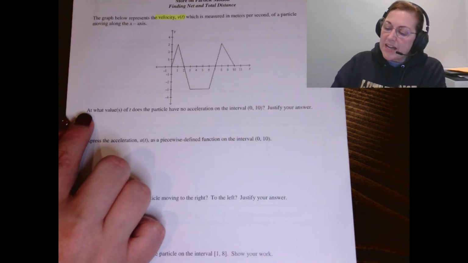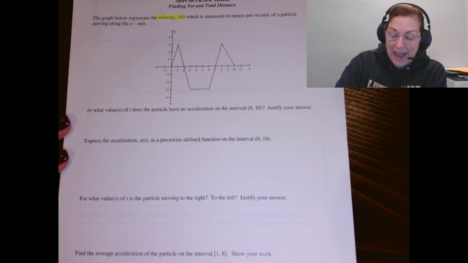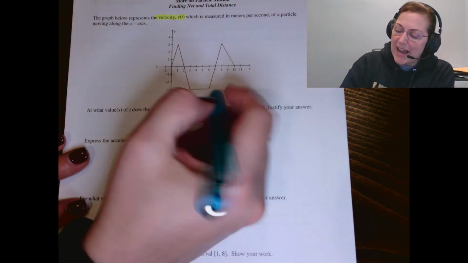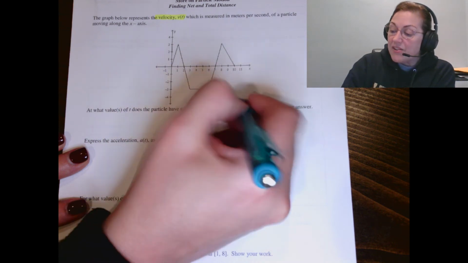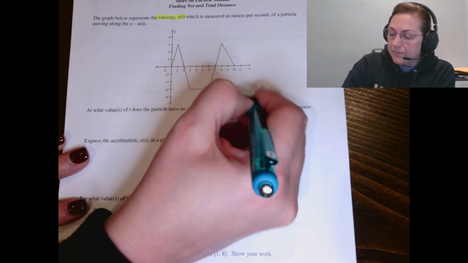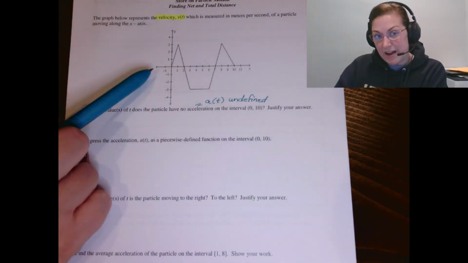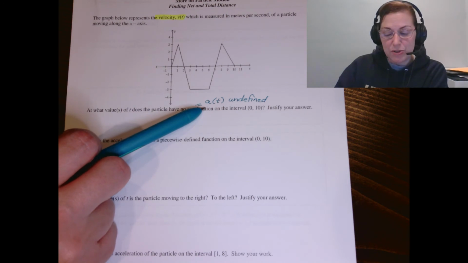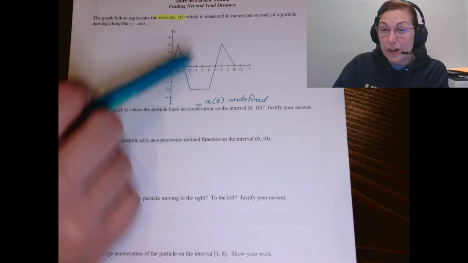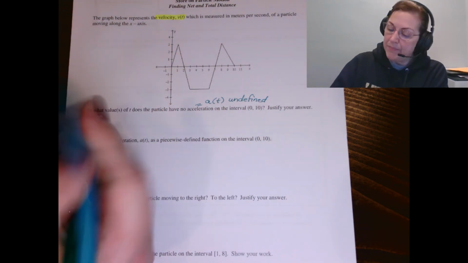So this is asking me what values of t does the particle have no acceleration. So friends, what this is asking me is where is A of t undefined? Now, if I'm looking at the velocity graph, then the acceleration would be the derivative. So really what I'm asking you is look at this graph, tell me where the derivative does not exist.